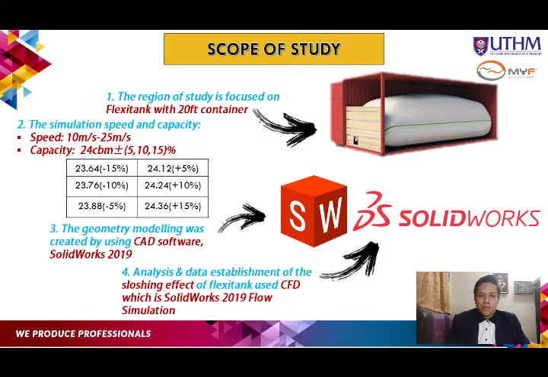There are 6 capacities that will be simulated. Third, the geometry modeling was created using CAD software SolidWorks 2019, and the analysis of the sloshing effect of the flexitank uses CFD, which is SolidWorks 2019 Flow Simulation.